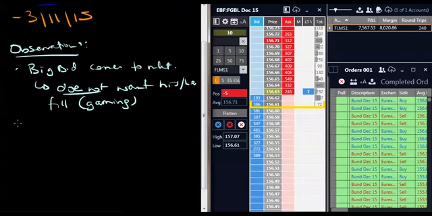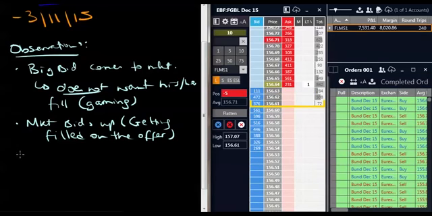You could see he bids it up, then we can see the market bids up, and we can make the assumption he's getting filled on the offer.